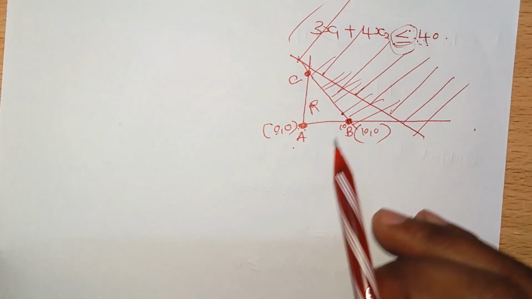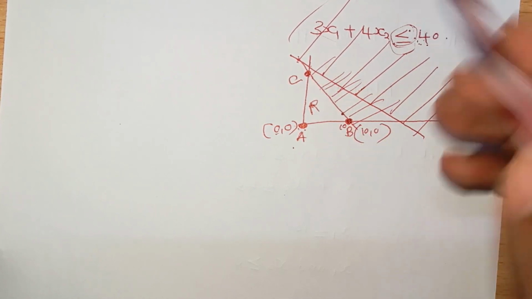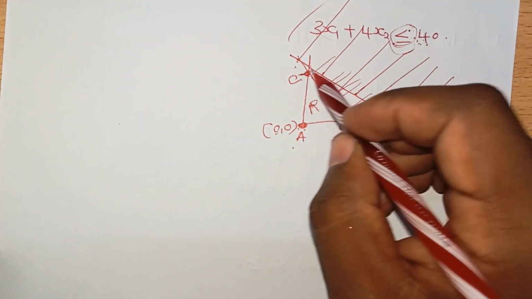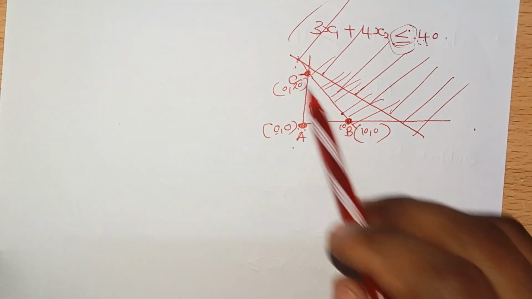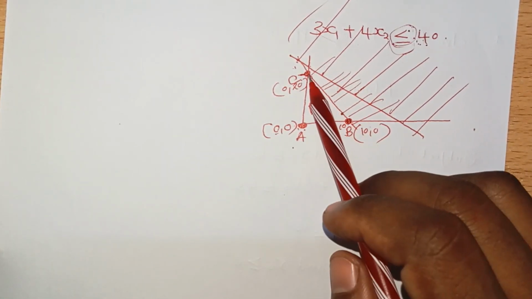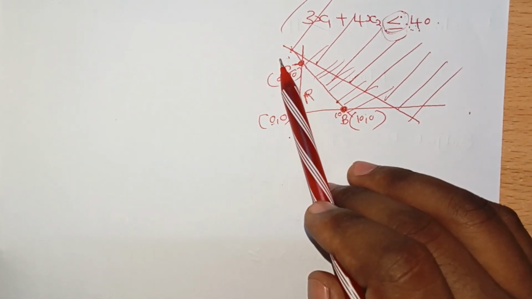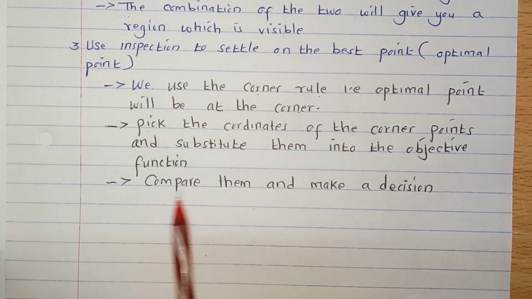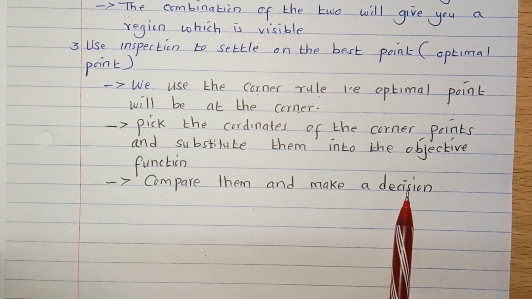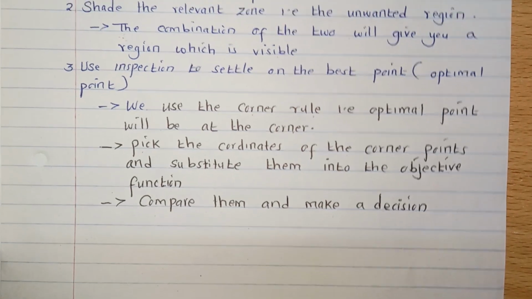And then the coordinates for point C, this is 0, and going upwards, let's say this is 20. So the coordinates for point C are 0, 20. We pick the coordinates of the corner points, and then we substitute them into the objective function, make a comparison, and then make a decision. That is how we solve a linear programming problem using the graphical method.